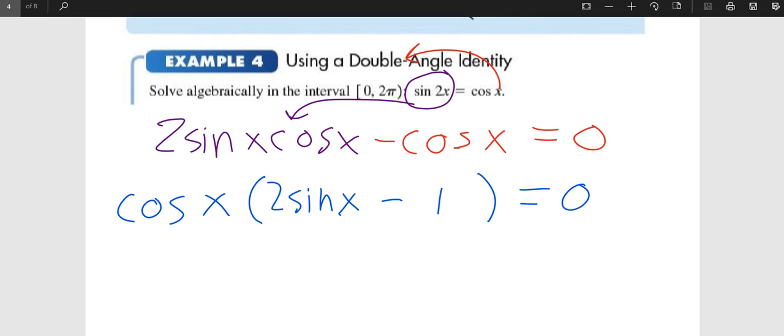Okay. Now that we've got it in factored form, what do we do with each one of the factors? Yes. We took it and subtracted it to the other side, so that we got 0 on the right side. Oh, you mean right over here?